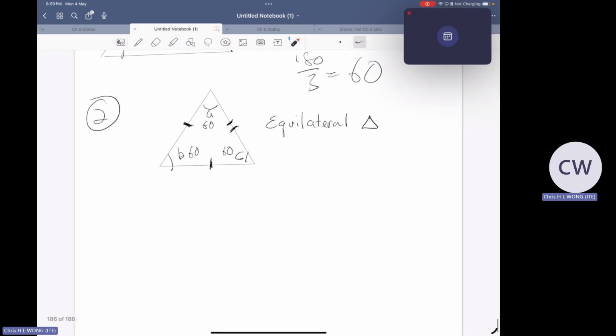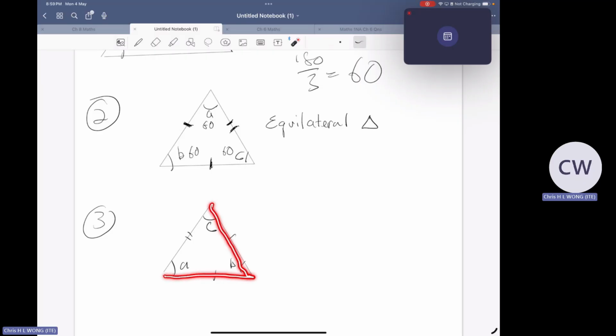This type of triangle, number 3. I will use A, B, C. If I put 1, 1, 2, only two sides are the same, right? In this case, only this one and this one.